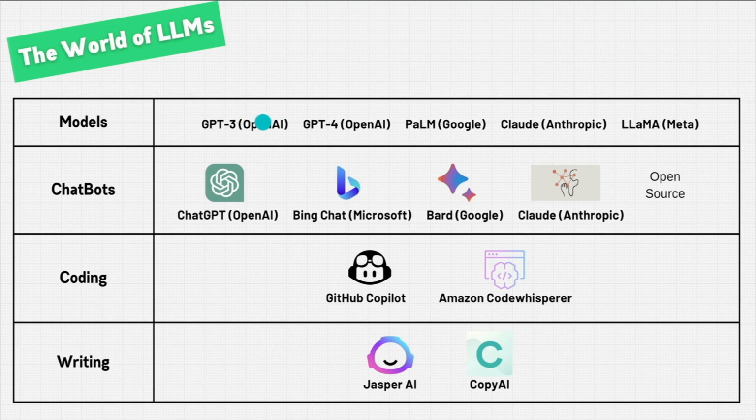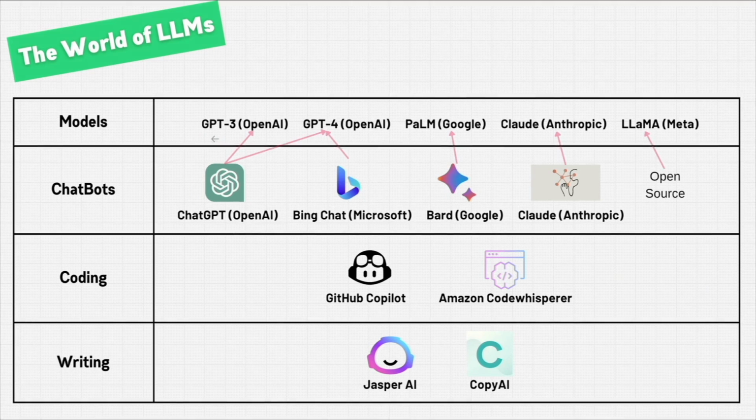So OpenAI is a company that has developed the GPT-3 and the GPT-4 models. They have then taken those models and put sort of a wrapper over top, or like a skin. And that is in the form of ChatGPT. That's a website that allows you to use these models.